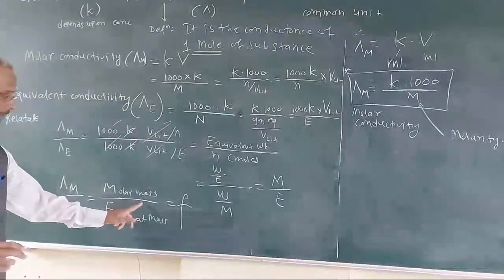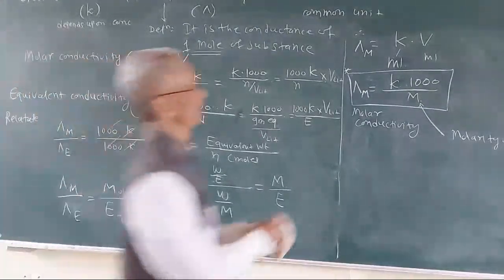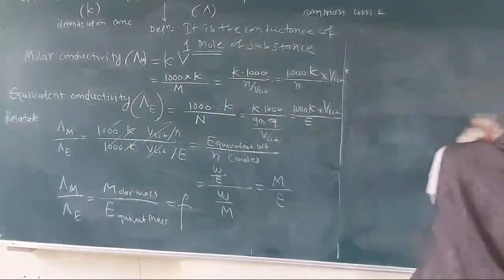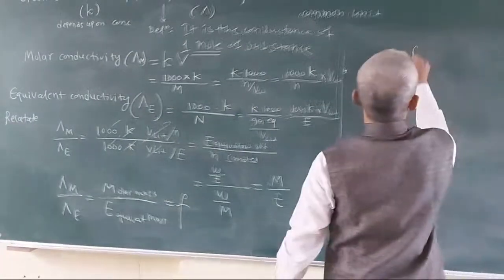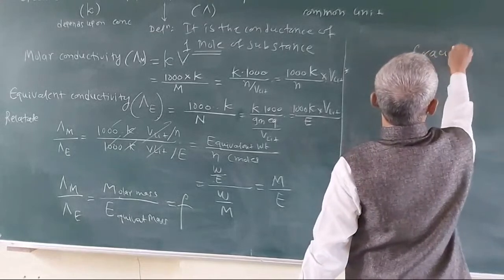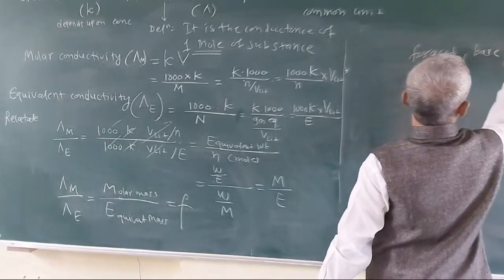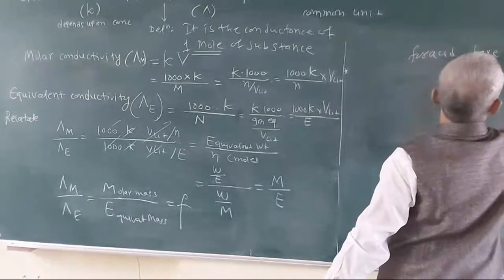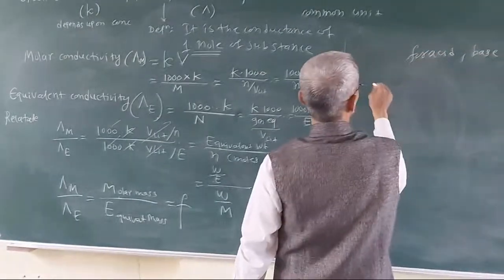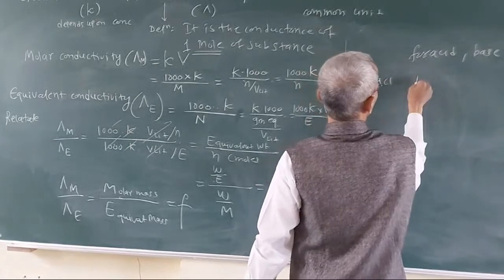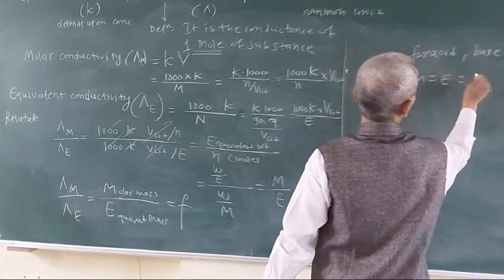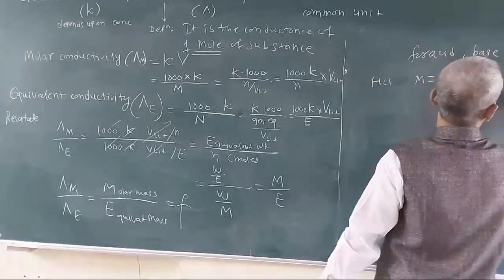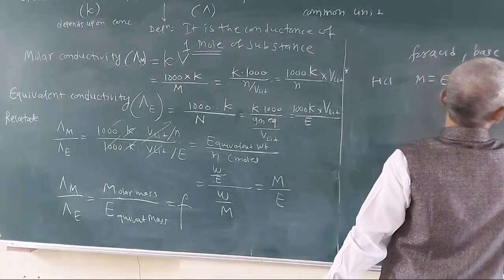For example, consider acids, bases or salts. If you consider HCl, M is equal to E is equal to 36.5, so M upon E is equal to 1.